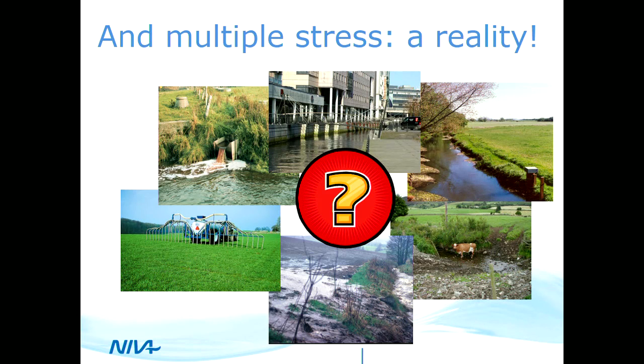So now, multiple stress. Multiple stress is really a reality, and in river environments where I'm working, it's clearly true. Rivers get their water from a catchment area where, across Europe, most catchments, if you get over a certain size, would be full of multiple stressors like urban areas, various types of agriculture, industries, and so forth.